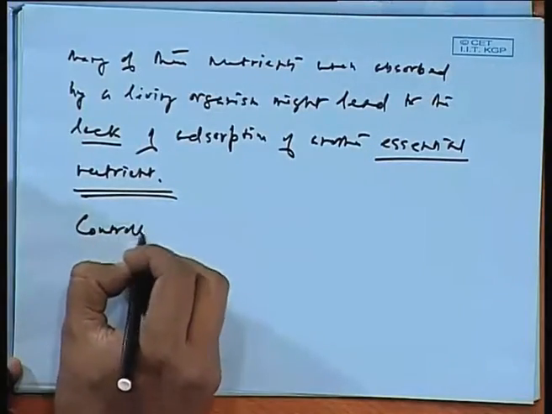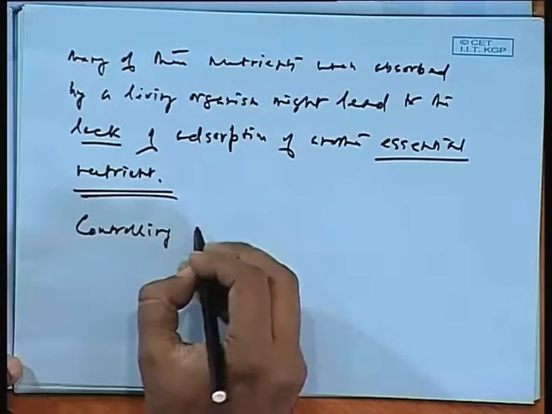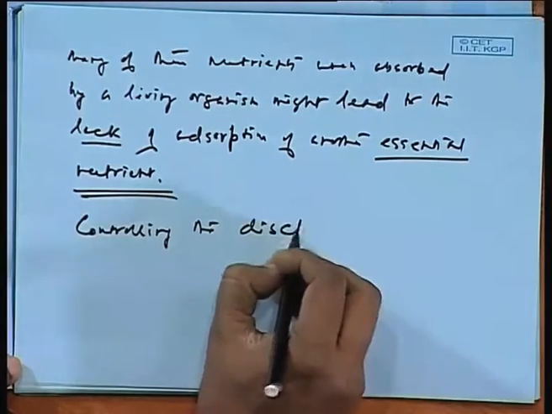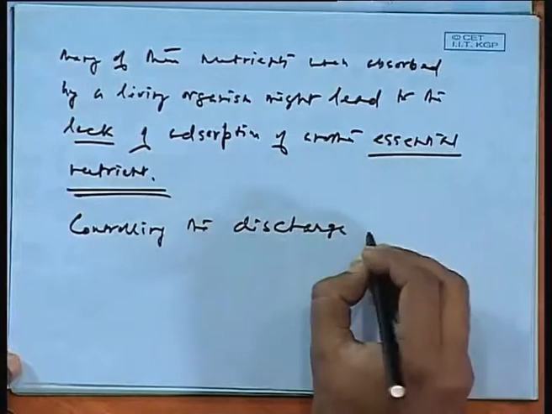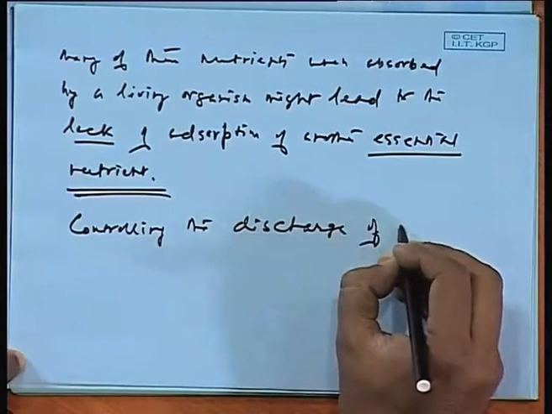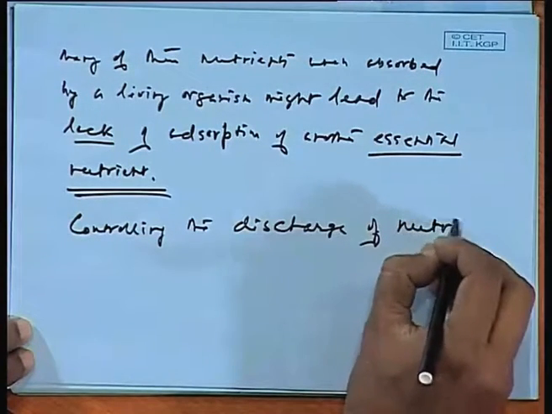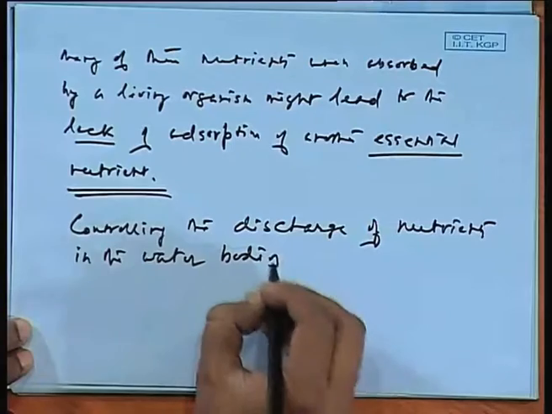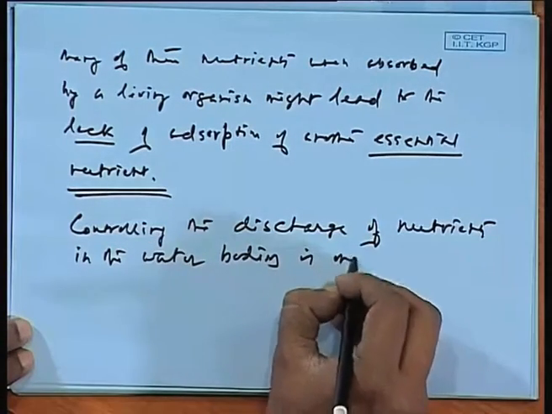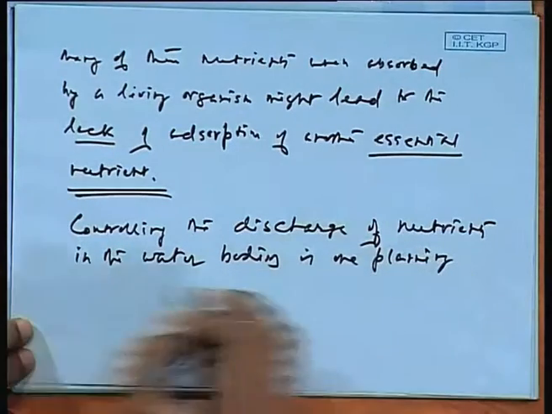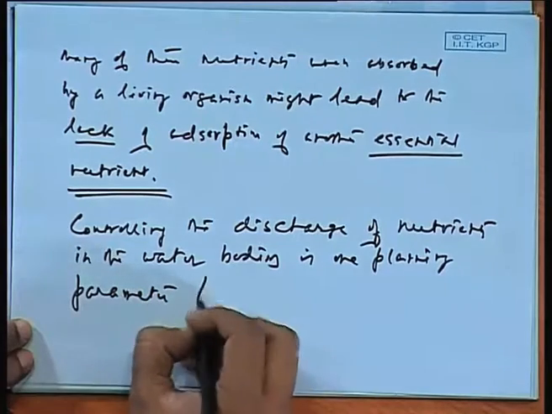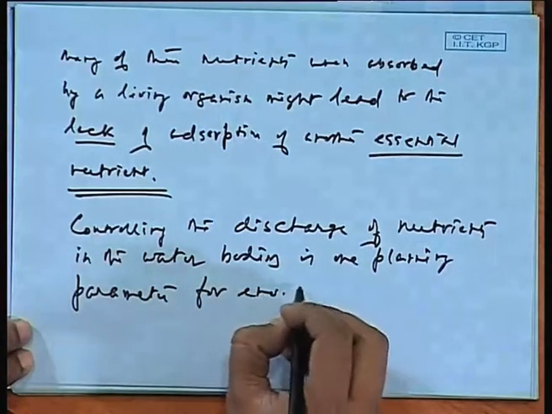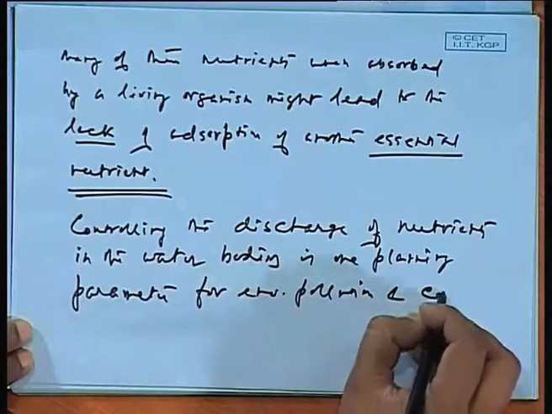So, this makes another important thing. Controlling the discharge of nutrients in the water bodies is one planning parameter for environmental pollution and control.